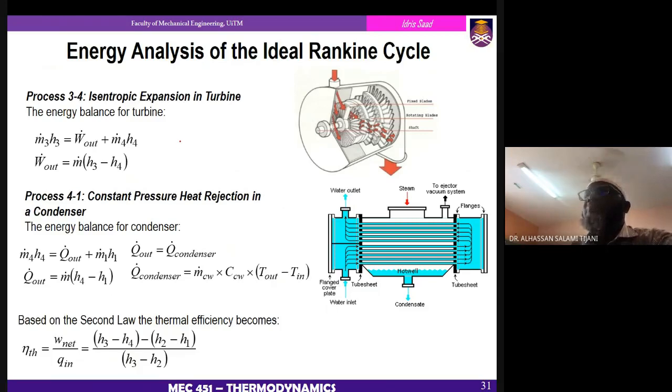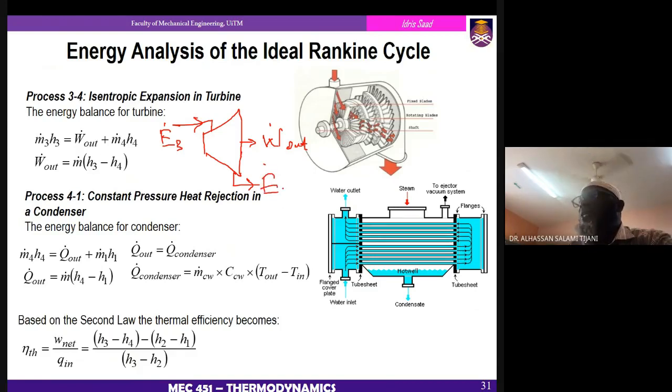Similarly, we can look at the expansion in the turbine. If you take the turbine to be this, the fluid enters the turbine at high pressure and temperature, and then it leaves. Now, this is W out. You have E3 here and E4 here. E4 is mass flow rate M4 H4, and E3 is M3 H3.